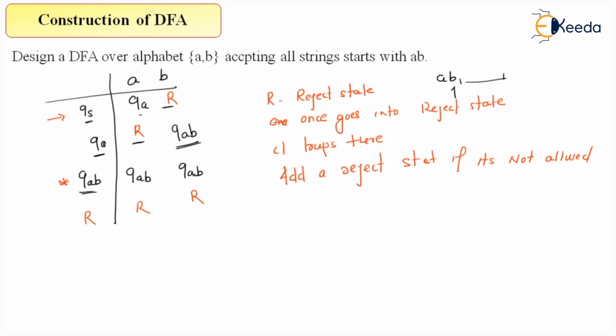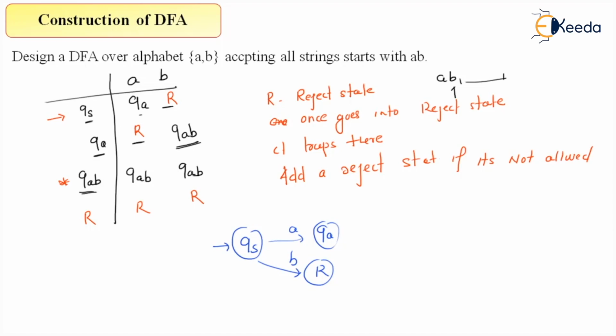Let's quickly construct this diagram here. So this is your QS, the starting point, and on input A it goes to the state QA. If the first alphabet is B, we are rejecting it.